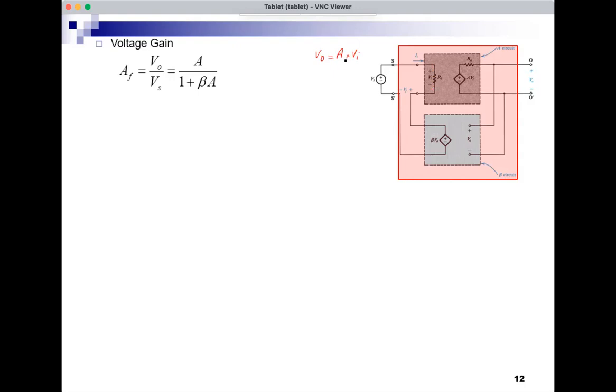And by KVL, Vi plus Vf equals Vs. And of course, Vf is the voltage here, which is equal to beta Vo. These are the same equations we wrote previously, but it was Xo and Xi and Xs and Xf. So same equations would produce the same result. The gain with feedback is the original gain, A, of the amplifier without feedback, divided by 1 plus beta times A.